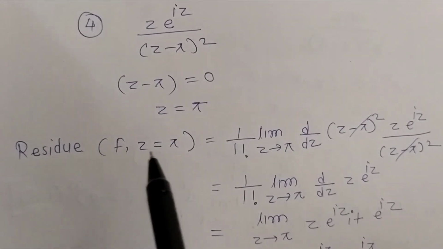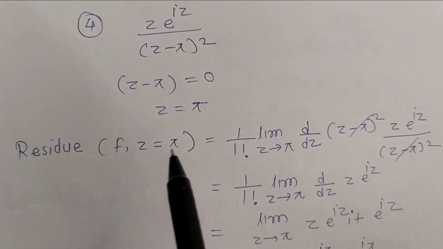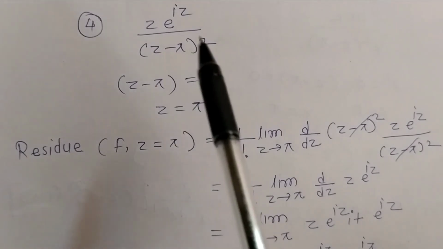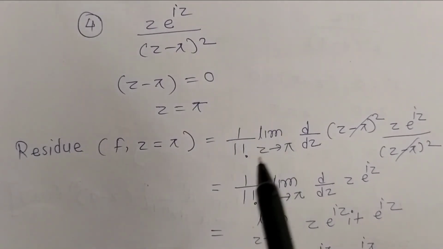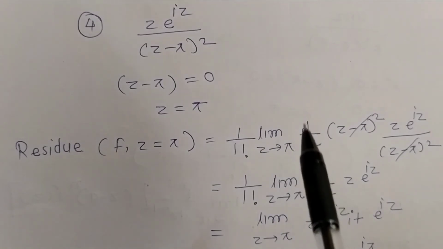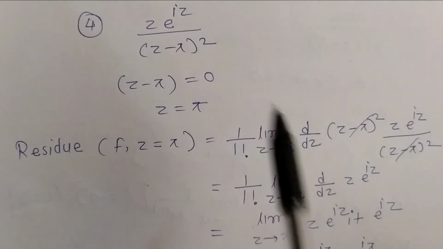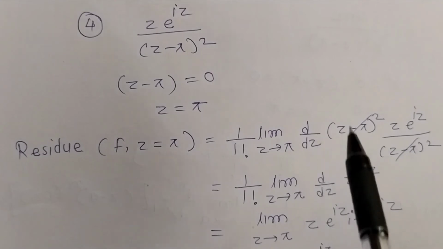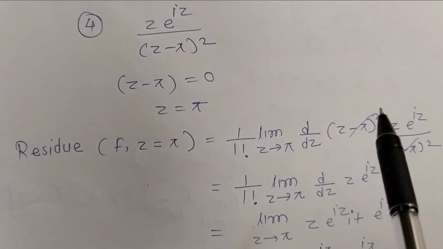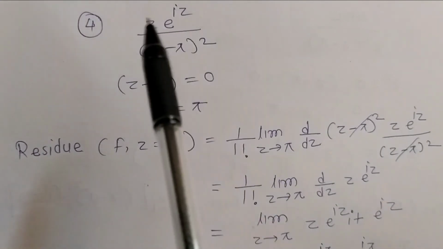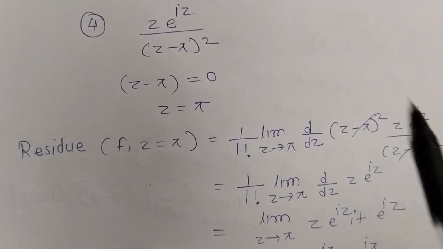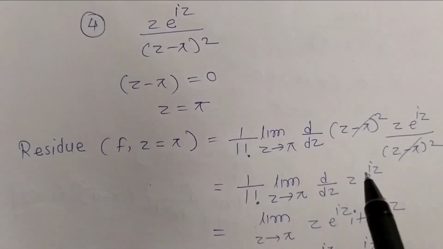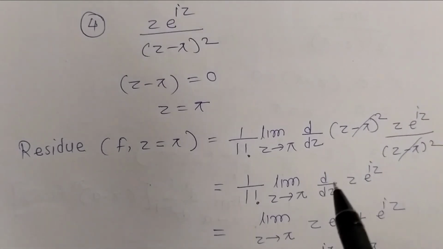So the residue at z = π is 1 upon (2 − 1)!, that is 1 upon 1 factorial, limit z tends to π of d/dz of (z − π)^2 f(z), and f(z) is z e^(iz) upon (z − π)^2. So this cancels, and what is remaining is z e^(iz).